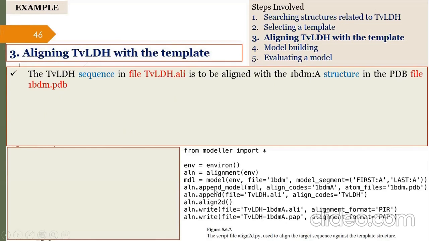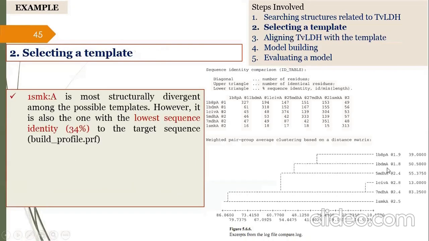Here the commands are: we align the sequence, 1BDM model segment, and we are telling the software to align tvldh.ali with 1BDMA. This tvldh is our query sequence, and we are assigning Modeler to align it with 1BDMA, which has been selected from this.